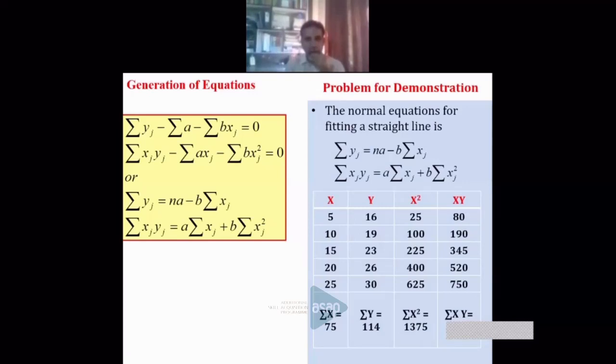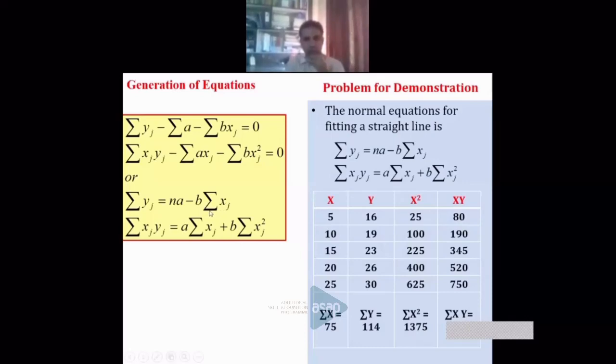Please note there's a change in sign: this minus becomes plus when it is transposed to this side, because it was already minus. So we get Na plus B into sigma xj. B is a constant, so I'm taking it out, B into sigma xj. The same thing happens here.